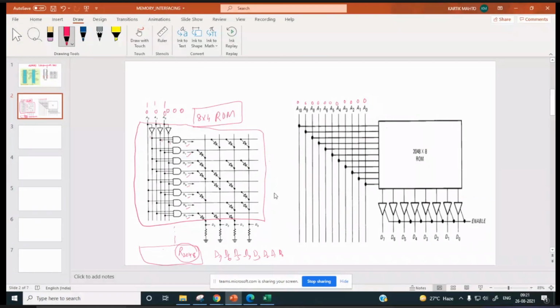Similarly, here you have to feed all 1s for reading the 2048th byte. So this will be 7FFH, starting from 000H to 7FFH. So these will be the addresses.